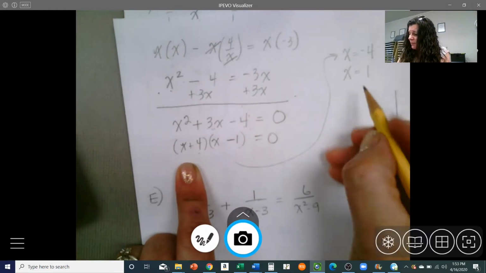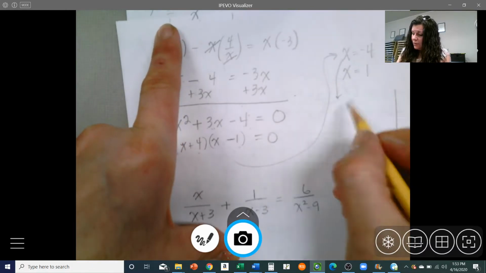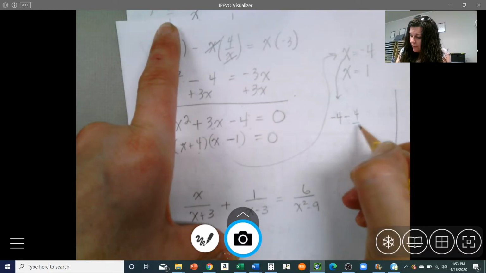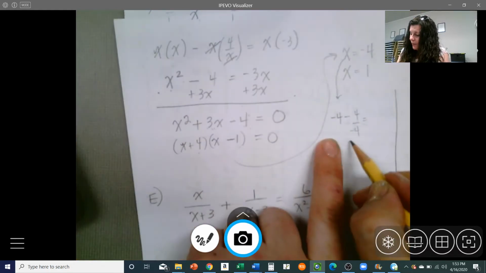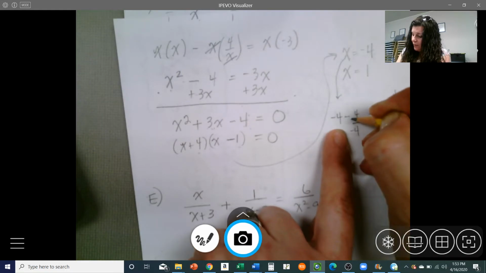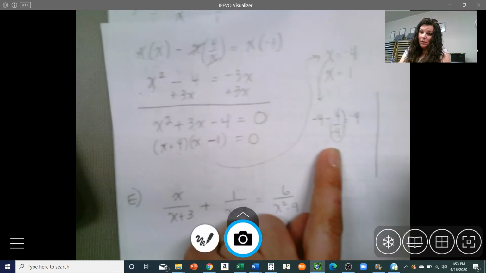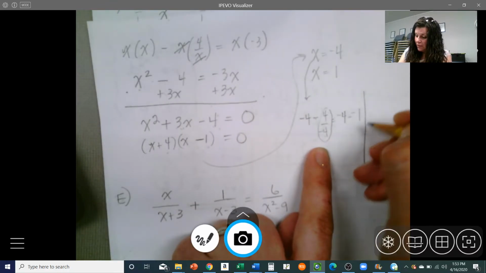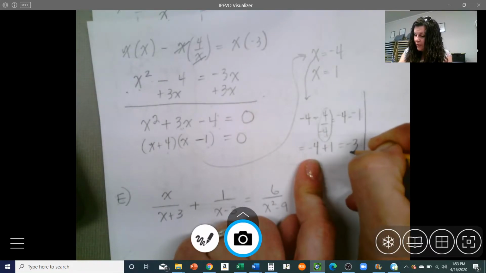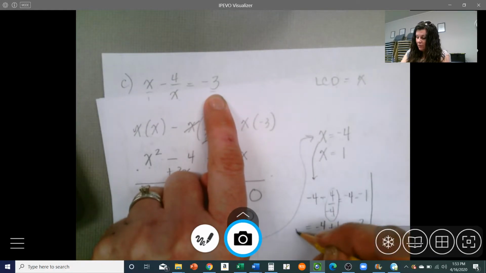So I'm going to test this one here. If x is negative 4, that means I have negative 4 minus 4 over negative 4. So that is negative 4 minus, and then this is a negative 1. So negative 4 minus negative 1 is negative 4 plus 1, which is negative 3. And look, that's what my original equation was, so that's good.